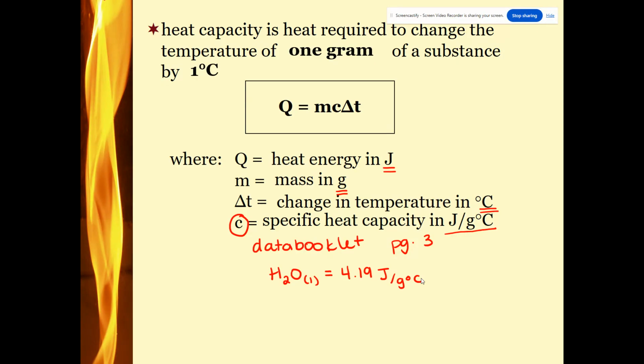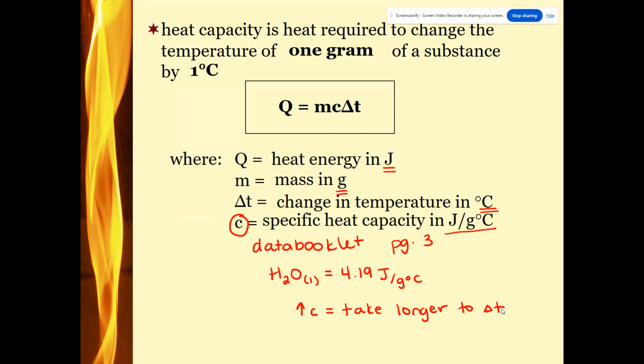That's actually a relatively high value. The higher the specific heat capacity, that means it's going to take longer to heat up and longer to cool down. And this is another type of question that you could see, to change temperature. This is a type of question you could see on the diploma that might talk about 2 different substances that are experiencing the same amount of energy input or output.